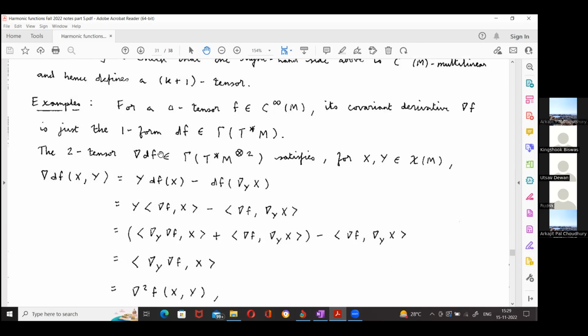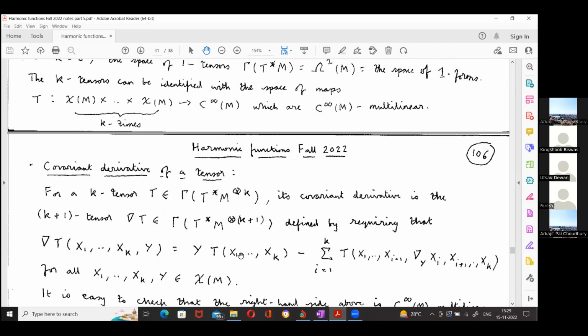So what does this 2 tensor look like? By definition, it's given by the following. If x and y are vector fields, then nabla df acting on x, y is, by definition, y of df of x minus df of nabla y x, right? That's from this definition up here: y of t of x minus t of nabla y x, where t is df here.